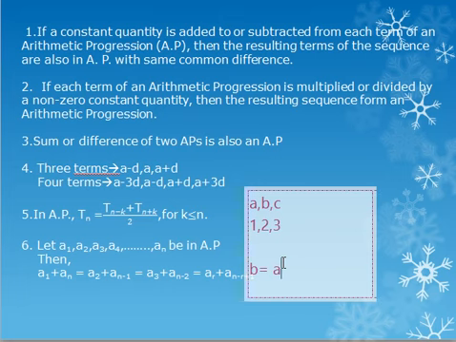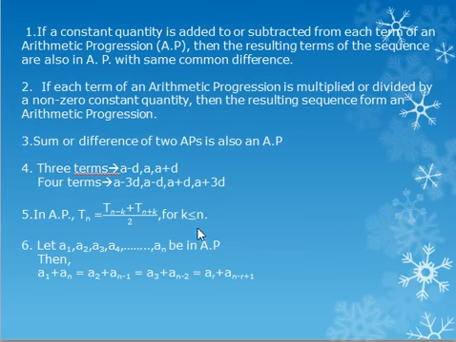So b equals (a plus c) whole divided by 2. I multiply both sides by 2, and you get 2b equals a plus c. So that's how you get the arithmetic mean formula from this.